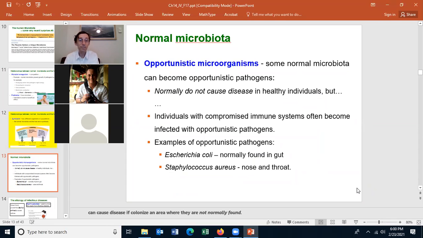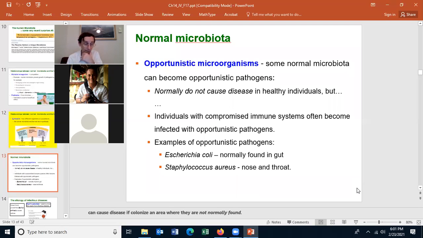Like normally, Staphylococcus epidermidis does not cause disease on my skin. And if it grows on my skin, everything is fine. But if I get a puncture wound, and then the Staphylococcus epidermidis is growing in the wound, that would be an opportunistic infection, and it would be causing disease.